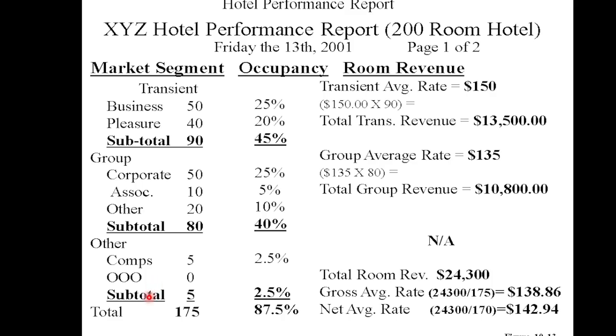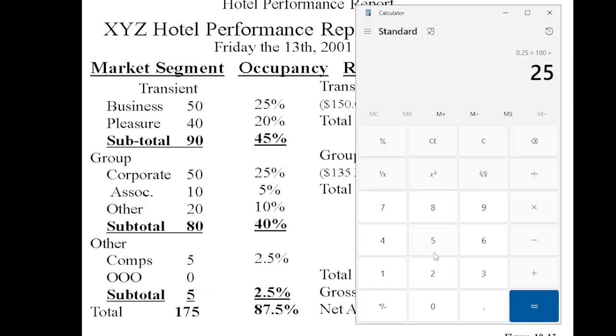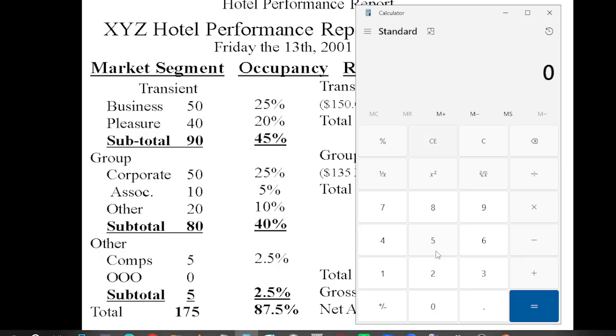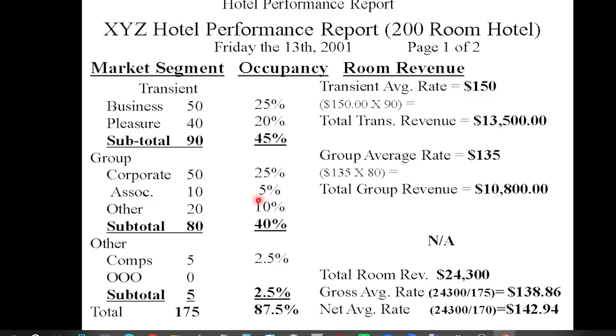Zero. The subtotal is 5, because 5 plus 0. So your total is 90 plus 80 plus 5, that is 175. We'll try to check: 90 plus 80 plus 5 equals 175. So simple as that, okay?